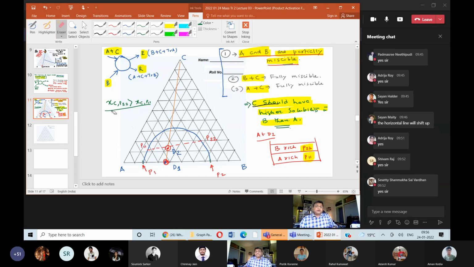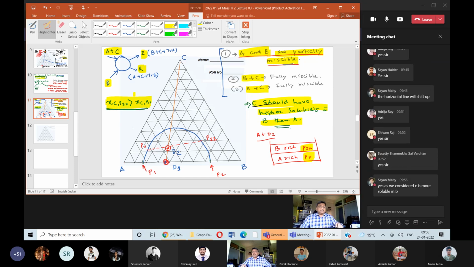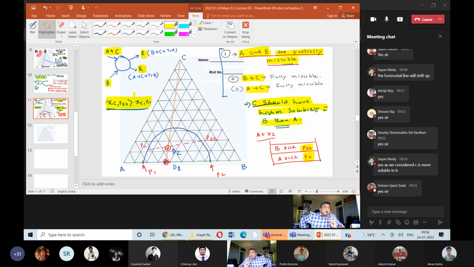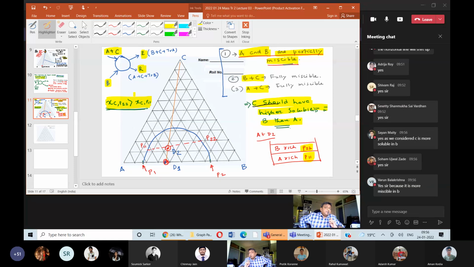Varun, Rishi, Sneh, Shankar, anyone to buy this logic? I appreciate when the class is silent because the class understands. Shayan Maiti, very good. Soham, so what is the logic? B is more C, yes sir, because C is more miscible in B.